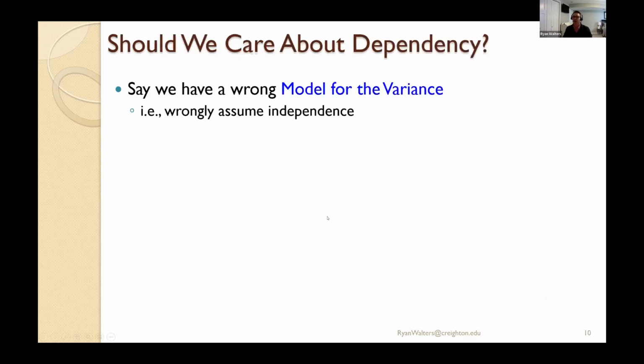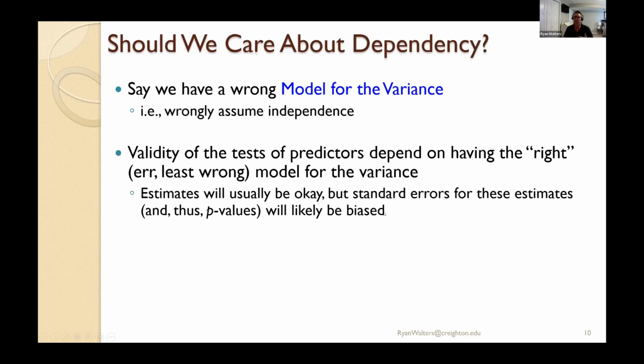So why do you care about that excess correlation or dependency? Basically, that means you have the wrong model for the variance. The model for the variance, again, dictates the standard errors. Everything we're talking about with standard errors is going to define our basically non-Z sampling distribution. So T, chi-square, F, etc. To the extent you have inappropriate standard errors, your test statistic is going to be wrong, which means the areas in the tails of whatever sampling distribution you're using are now going to be wrong, which means your p-values are going to be wrong.